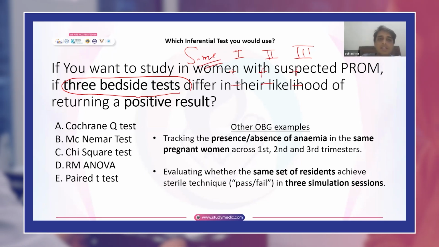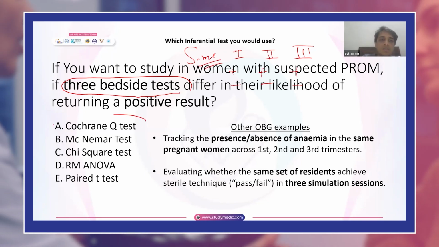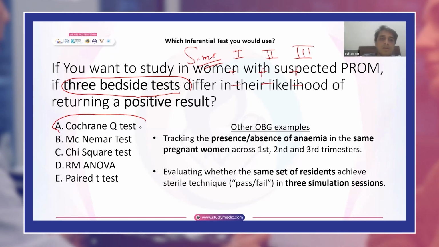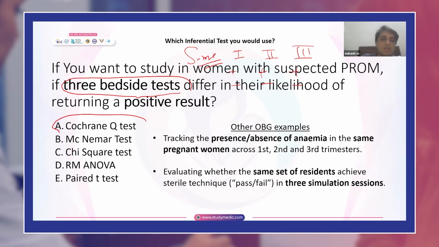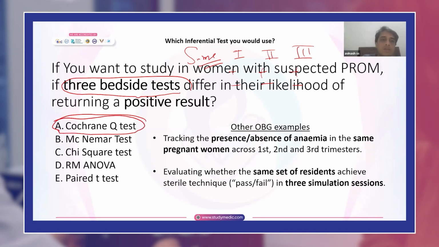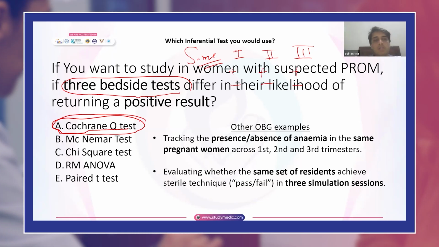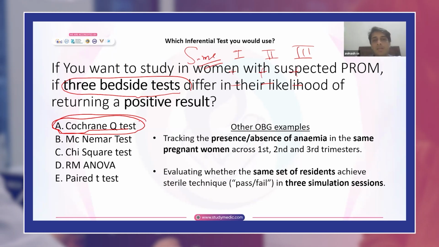So in this case, it is an extension of the repeated measures ANOVA test. Repeated measures ANOVA is for a continuous variable, whereas Cochran's Q test is for a categorical variable. Like that you can remember.